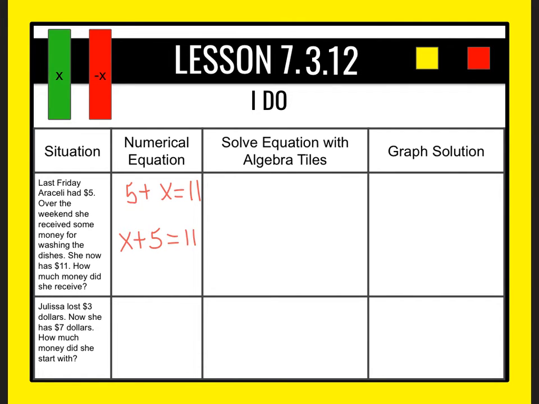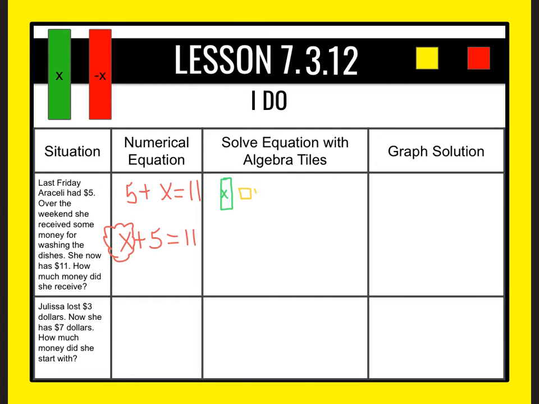All right, we want to know how much money did she actually receive for doing the dishes. So remember how we've been representing our equations. So since I can't move the x, I know that we need to figure out what amount she actually earned. So plus 5, I know that I'm going to use my yellow tiles for that.